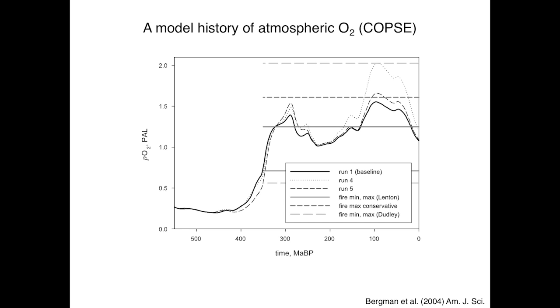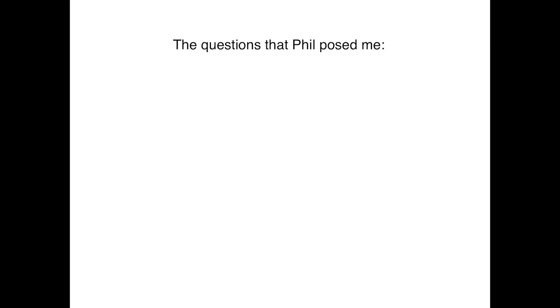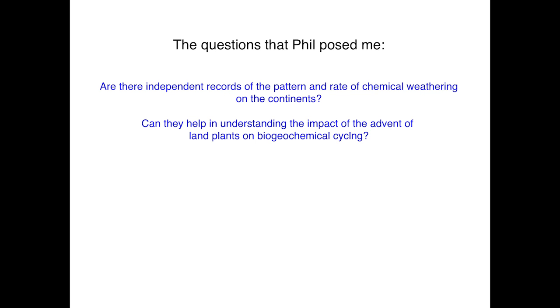So the questions that Phil Donoghue kind of posed me are kind of these. What do we know independently of all this from records of, say, ocean chemistry about the pattern and rate of chemical weathering on the continents? And can those records help us understand the timing and the nature of the impact of plants on biogeochemical cycling in the Paleozoic?